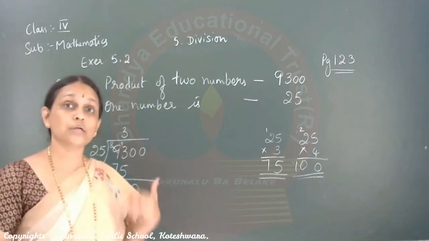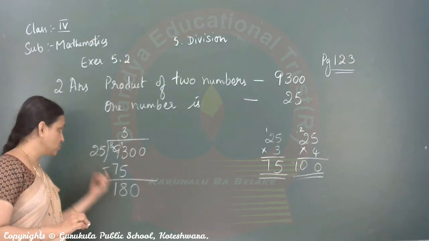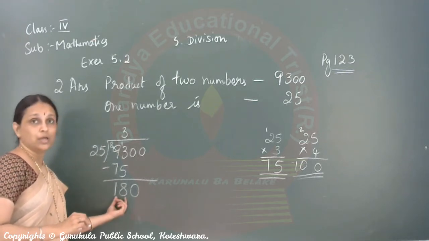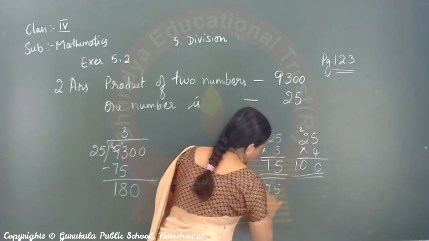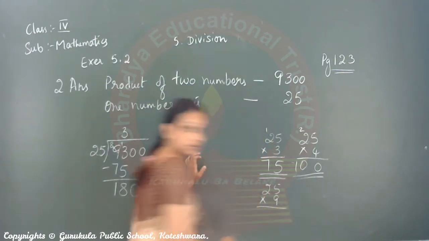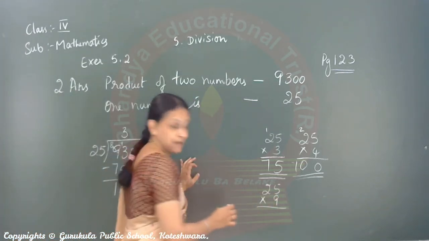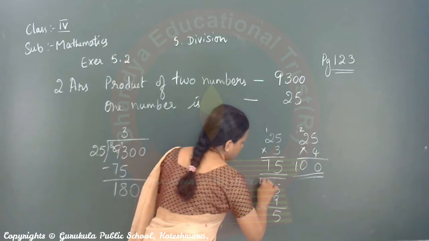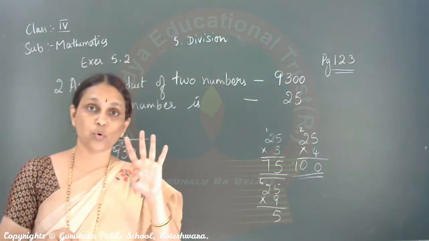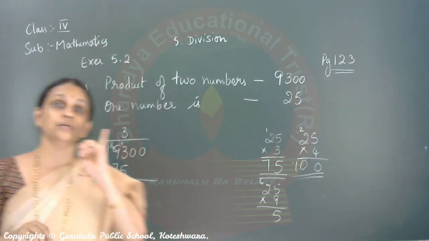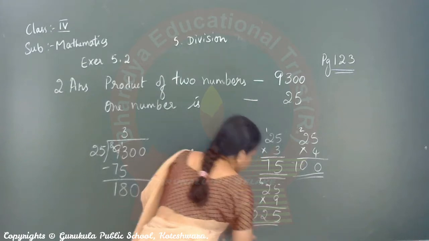25 into what is very near to 18 or 180? 2 into what is very near to 18? 9s are. So, just try. 25 into 9. Multiply and tell me. 9 5s are 45. 5, 4 carry. 9 2s are 18 plus 4, 22. 225.